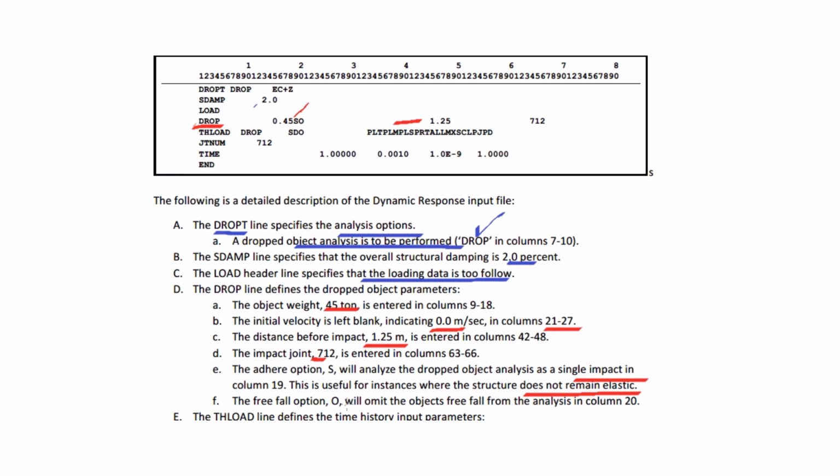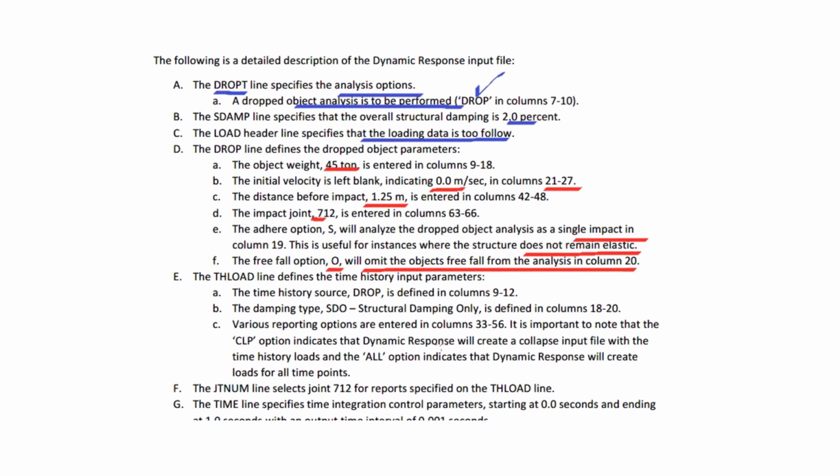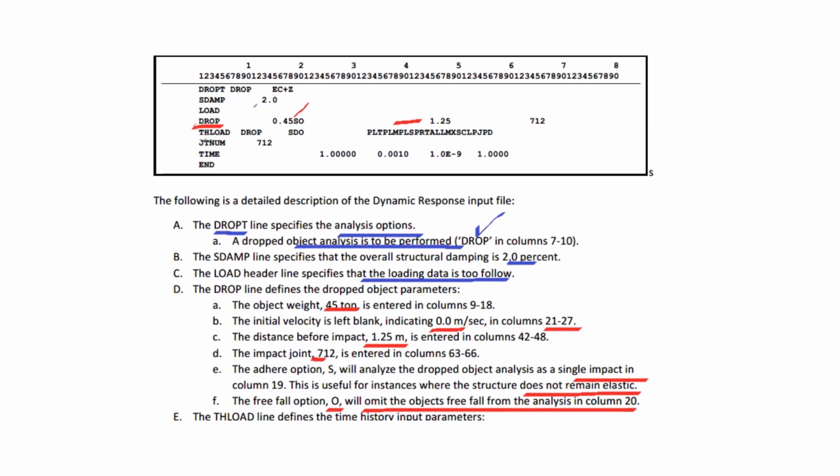The free fall option, O, will omit the object's free fall from the analysis. The next line is TH LOAD DROP. The TH LOAD line defines the time history input parameters. So first the load parameters for the drop, then next are the time history parameters.